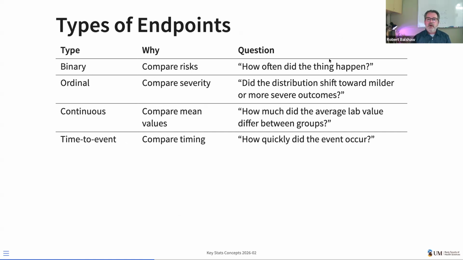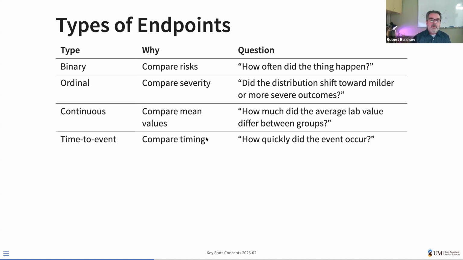So if we're asking how often did something happen, so that you can compare the risks, you're probably talking about a binary endpoint. An ordinal endpoint addresses the question of, did the distribution of severity shift towards milder or more severe outcomes? If the outcome is about the average lab value differing between the groups, then you're talking about a continuous variable. And how quickly did the event occur, or how long did patients last before they had the event?